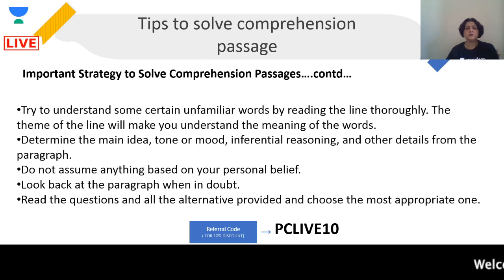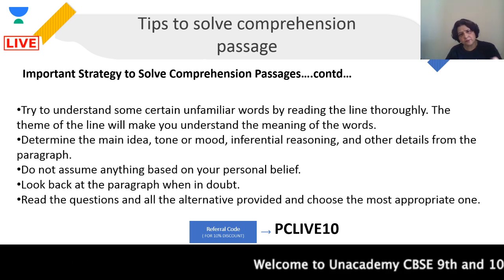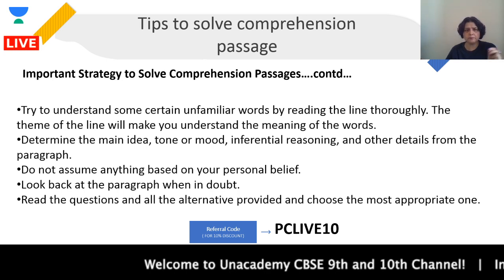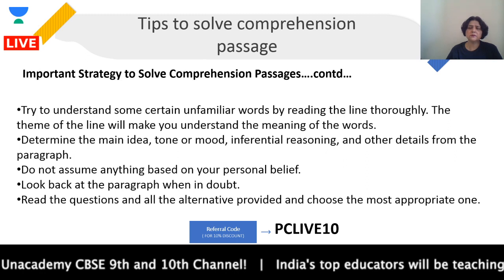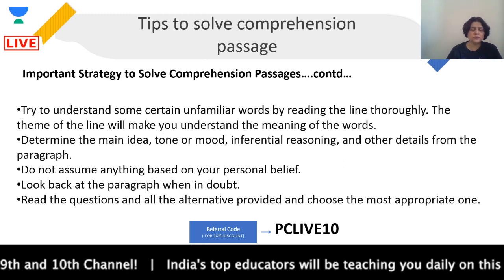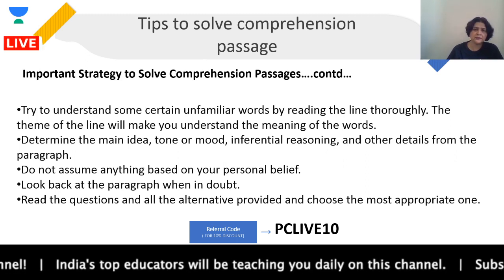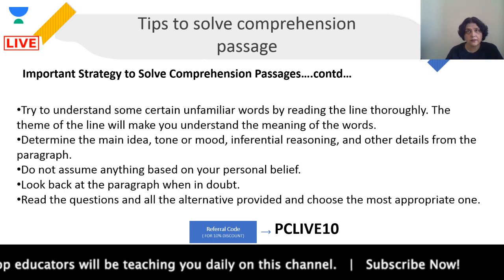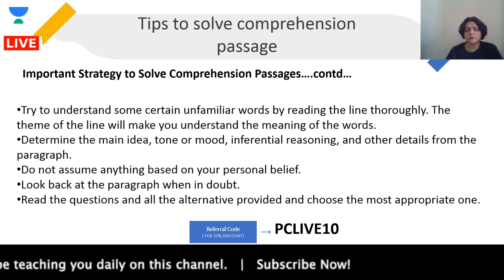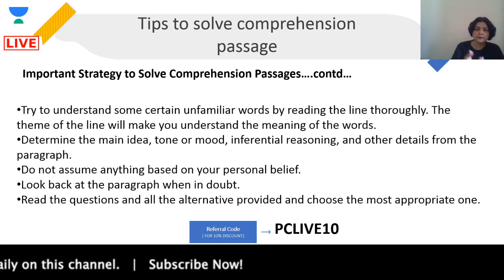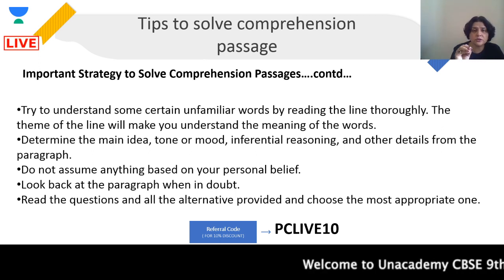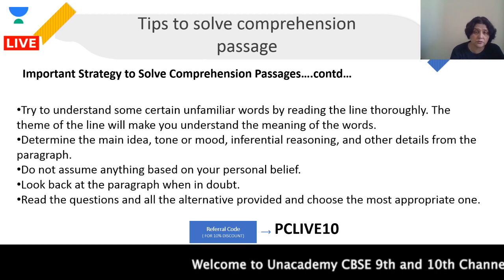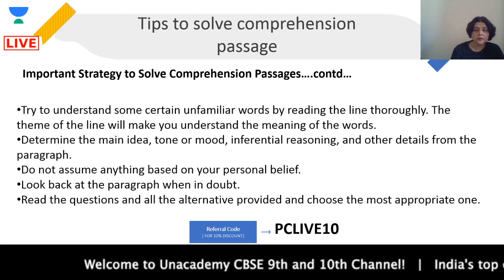You will again go back to the passage and read it, because it is from the comprehension passage itself. There is just no doubt that if you read the comprehension passage again and you are stuck in any multiple choice question, you are definite to get an answer. And then after reading it and understanding it, choose the most appropriate and the closest option.